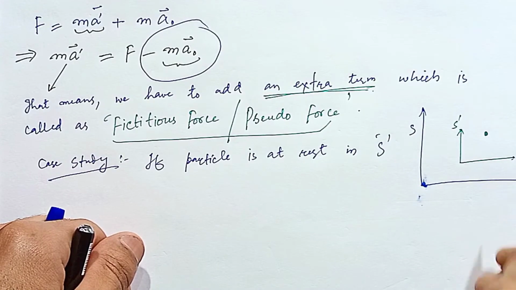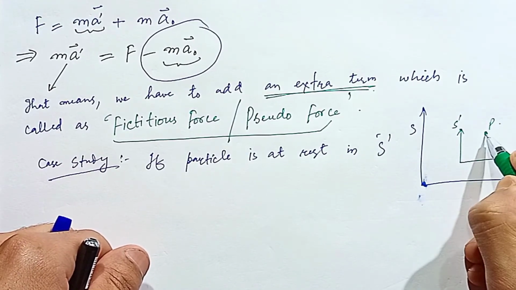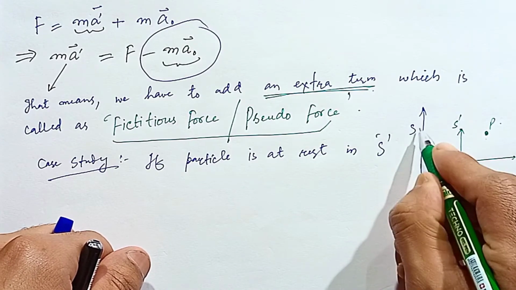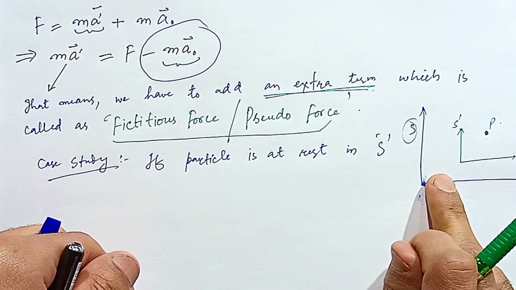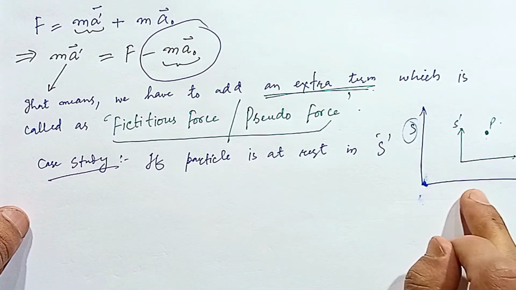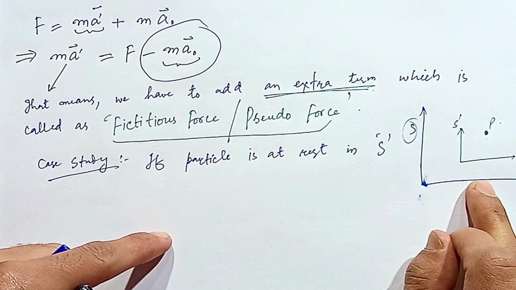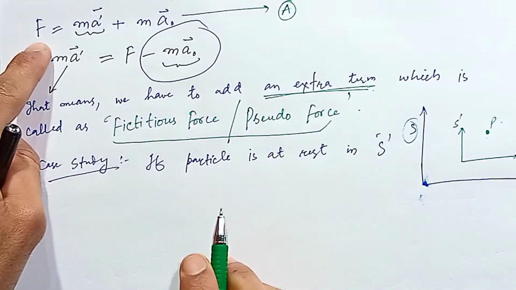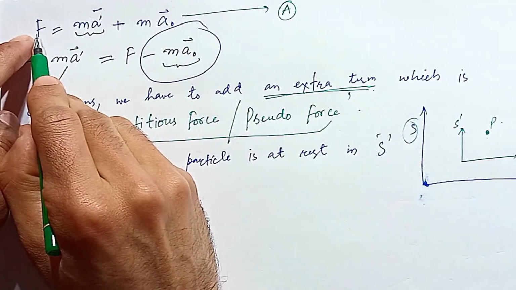We have a particle P, considered at rest with respect to this inertial frame of reference S. So no force is observed inside the frame of reference S, that is here, this equation A. So F will be equal to 0.